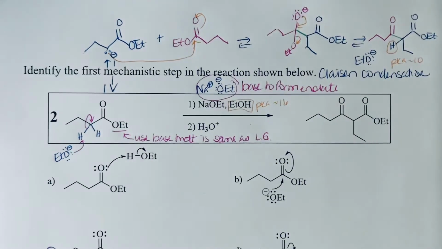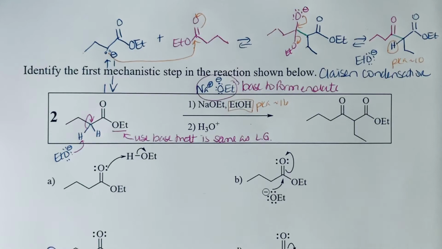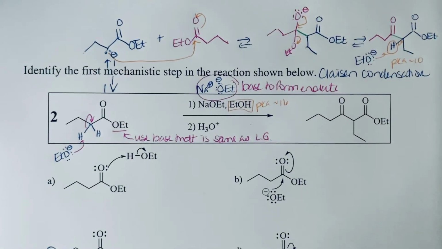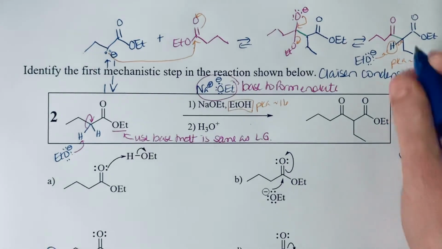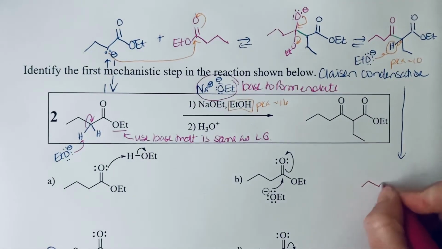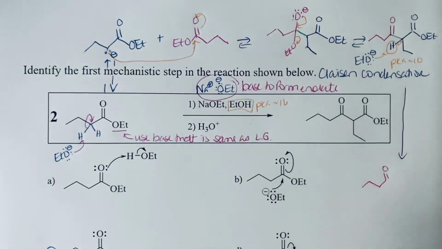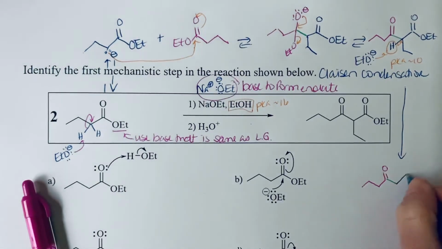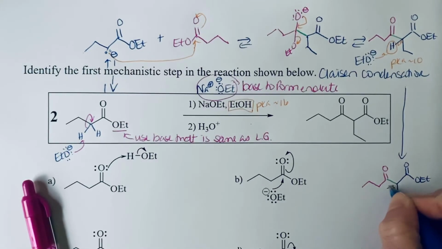So we have this base, it's going to remove that acidic proton, and it's going to give us basically the anion of the product, the conjugate base, that is to say, of the product. So there's our new bond still. And now we've got the anion, okay?